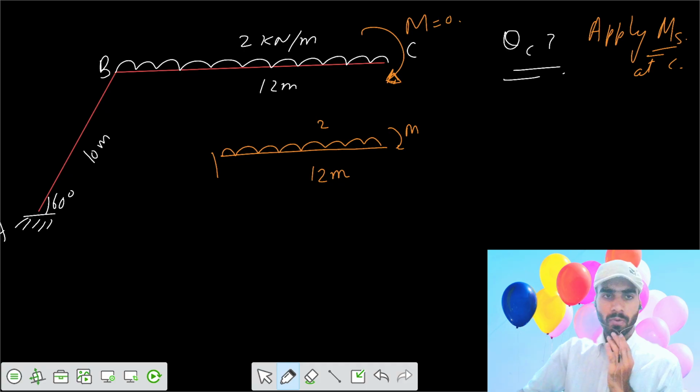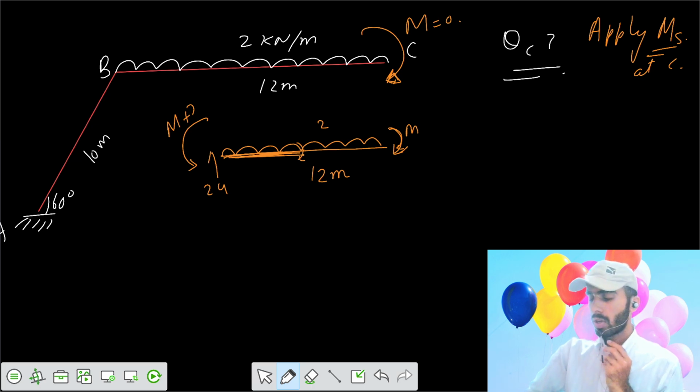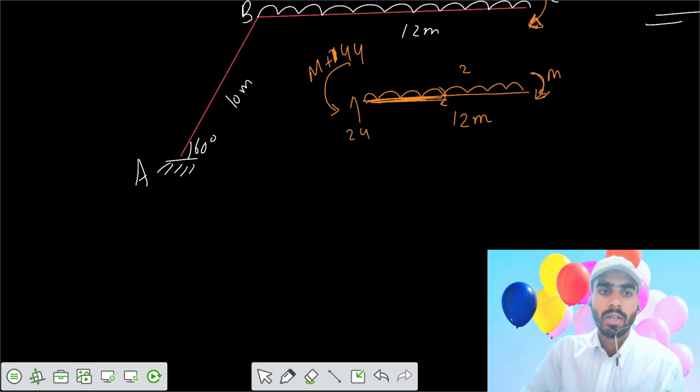That means here the reaction upwards should equal 24, and the moment developed here: because of this there is clockwise, and because of this there is clockwise, so here there should be an anti-clockwise moment of m plus 24 into this length, 24 into 6, that's 144 kilonewton meter, and the same would be transferred in the member AB.